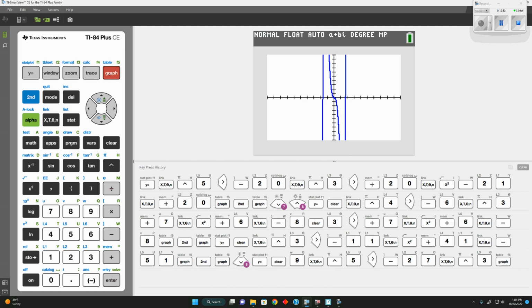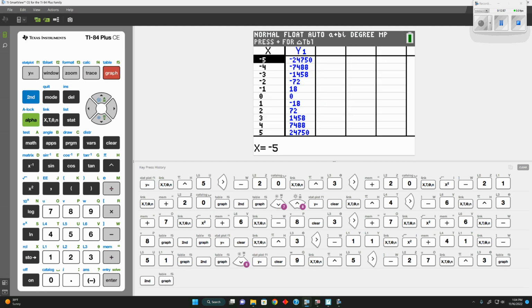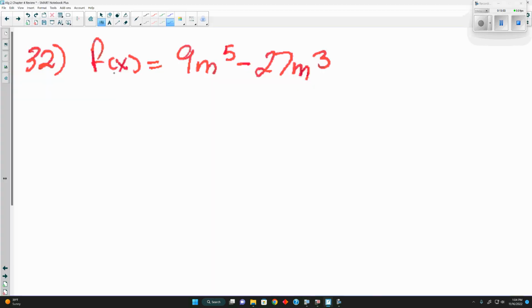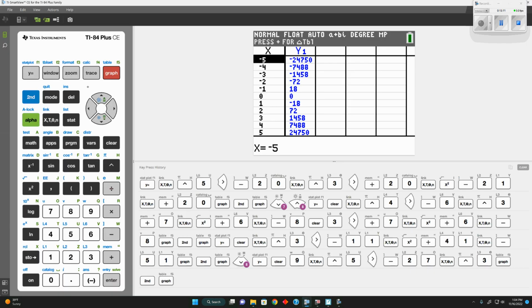It does cross at 0. So we have 2 other numbers and 0, yes? So we know one of the solutions for this is 0.